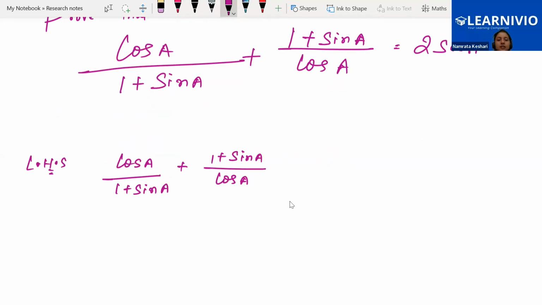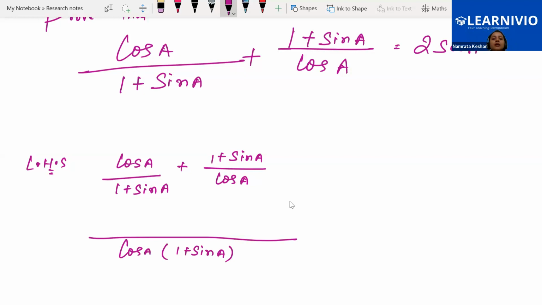So let's take the LCM. What will be the LCM? Cos A and then 1 plus sin A. When completely different denominators are there, the product of both is the LCM.